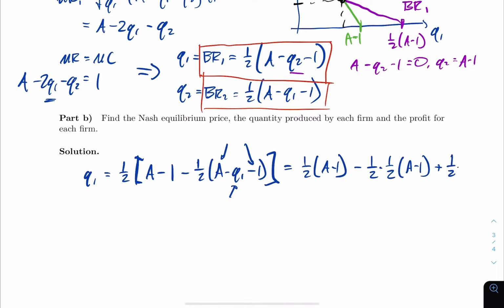So we can simplify this just a little bit here. We have A minus 2/3 A plus 2/3.